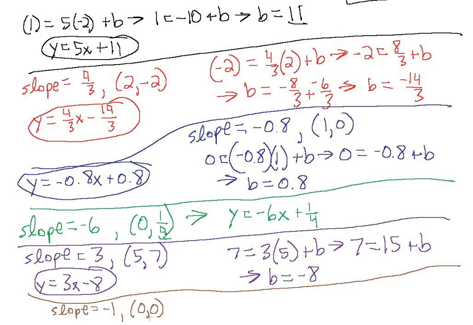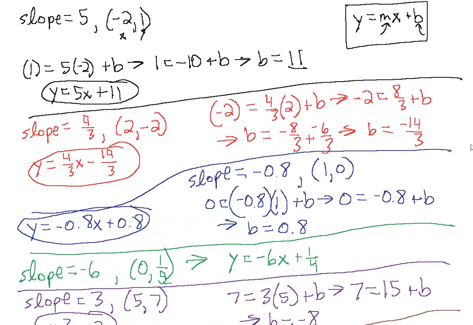So here we don't even have to solve for our y-intercept. We can go straight to writing the equation. We have y equals minus 1, so minus x, and that's our answer. Our y-intercept, our b value, is 0. Anytime we can notice things like that, it saves us some time.